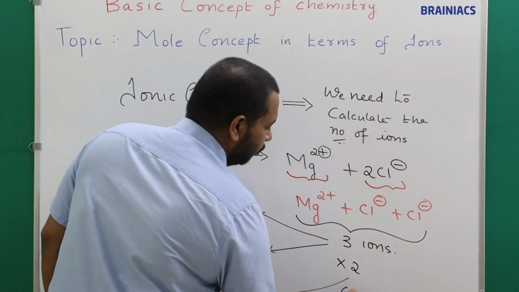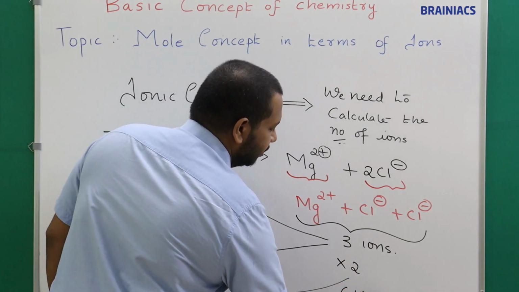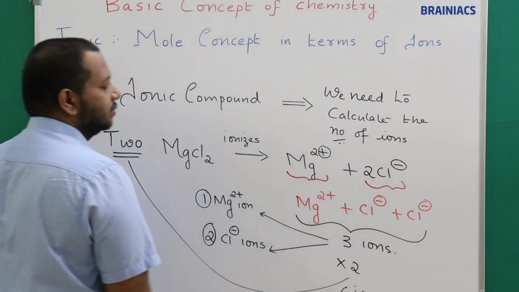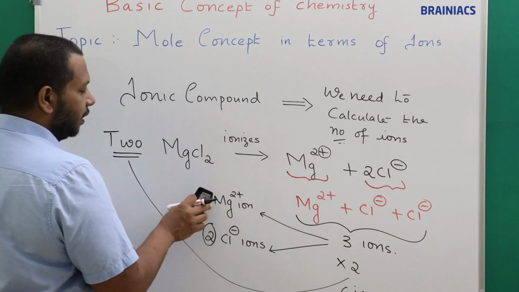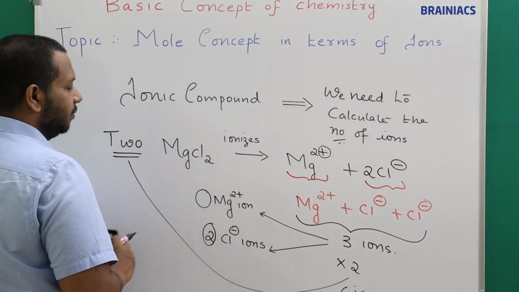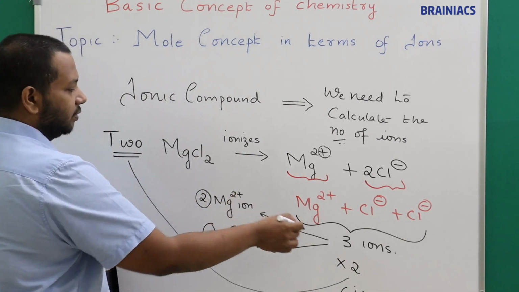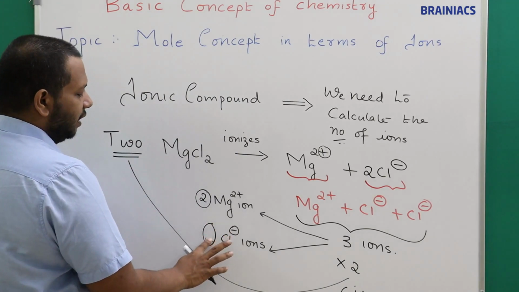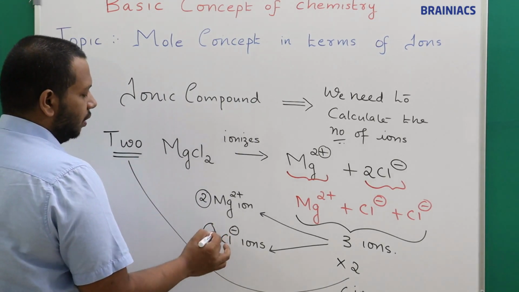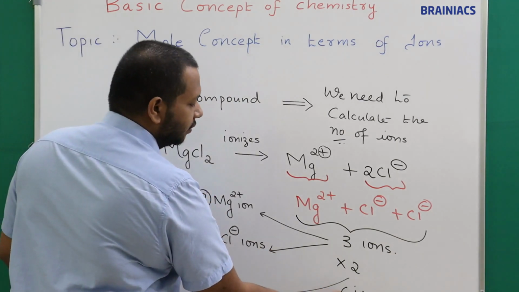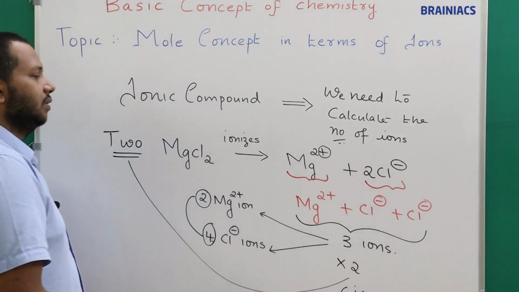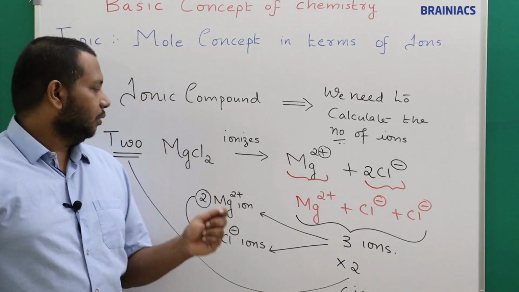So totally 6 ions will be generated. Correct, so this 2 should be multiplied here also. So here it will become 2 Mg2+ ions, and here if you multiply, I can say 4. So 4 plus 2 will become 6 ions. Understood? So this is the way.